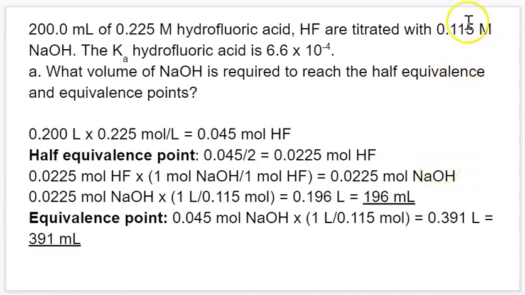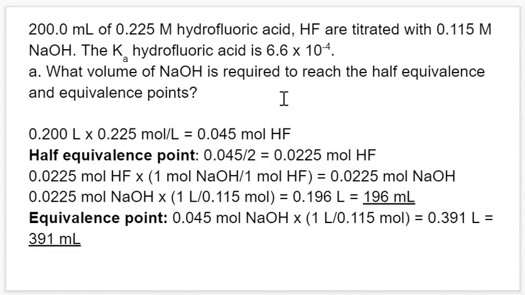And since the concentration of the sodium hydroxide is 0.115 molar, we can use that with the moles of sodium hydroxide to calculate the volume by dividing by the concentration. And then we end up with 0.196 liters, aka 196 milliliters, to get the solution to the half equivalence point. Now for the equivalence point, this is going to be when all of the HF has turned into F minus.